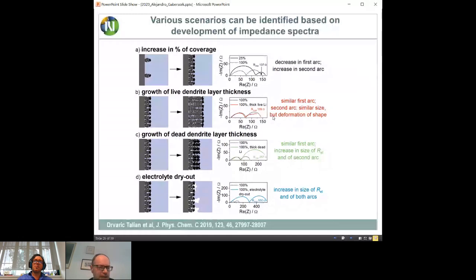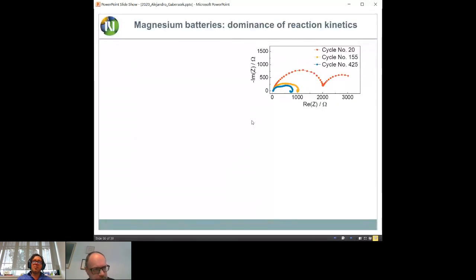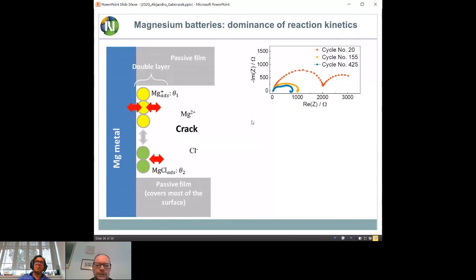So you have transport, and reaction also gives some response, but it is small, rather smaller than the transport itself. Now in magnesium batteries, it appears that once you activate a magnesium battery, most of your response, let's say more than 90% of your response, pertains to the reaction at the surface.